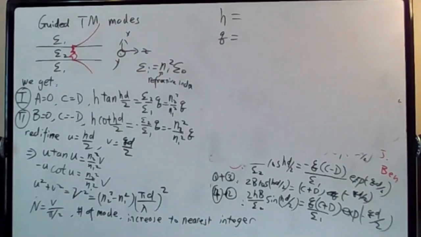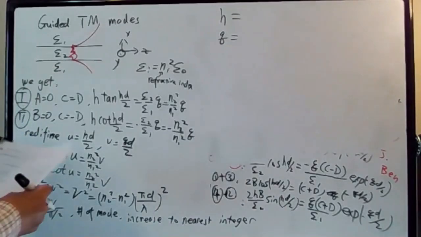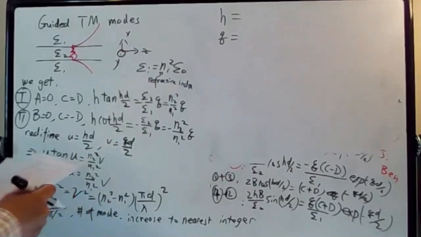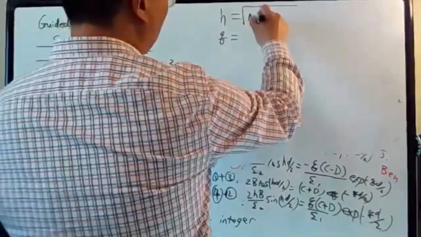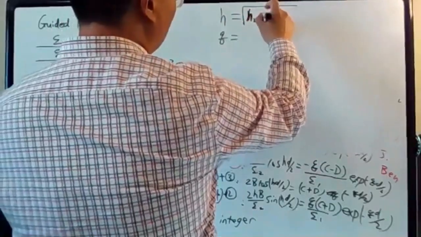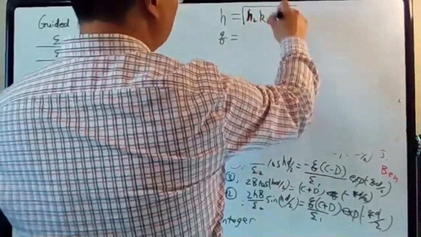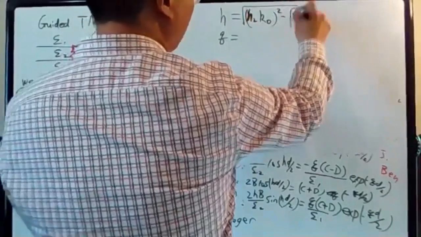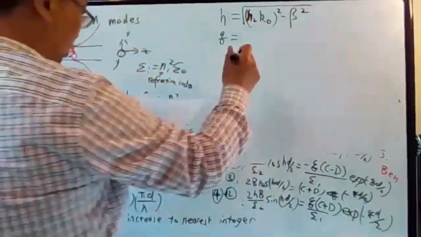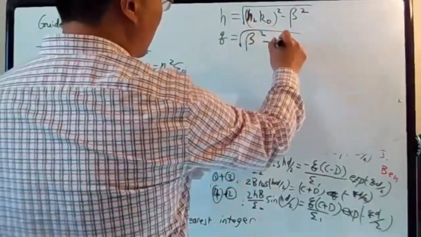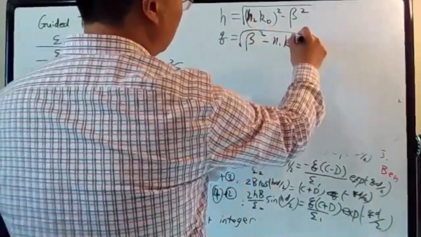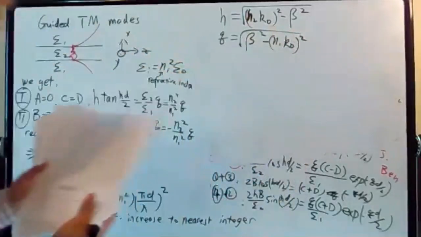Remember, h is the square root of n2 k naught square minus beta square. Q is the square root of beta square minus n1 k naught square.